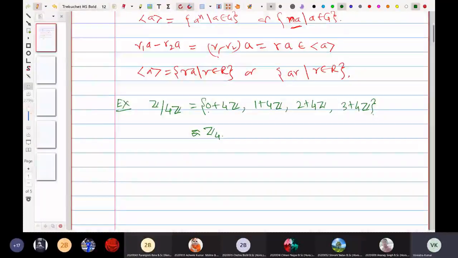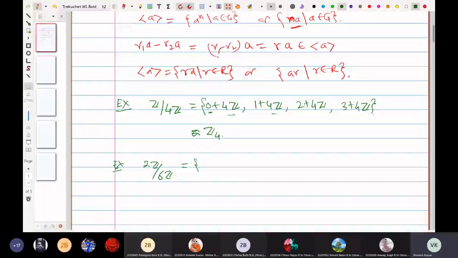Here, when we are adding 0 to every element of 4z, you know that it will be 4z only. Then you will be getting 1 plus 4z. When you are reducing under multiplication modulo 4, you will be getting 1 here, 2 here, 3. So essentially you are going to get Z4. Similarly, we have also seen another example, 2z by 6z, this factor ring.